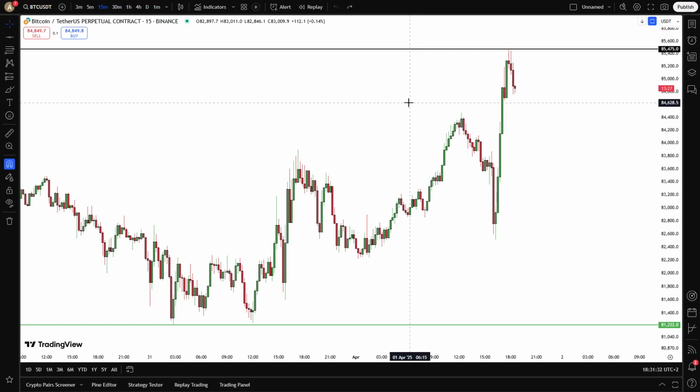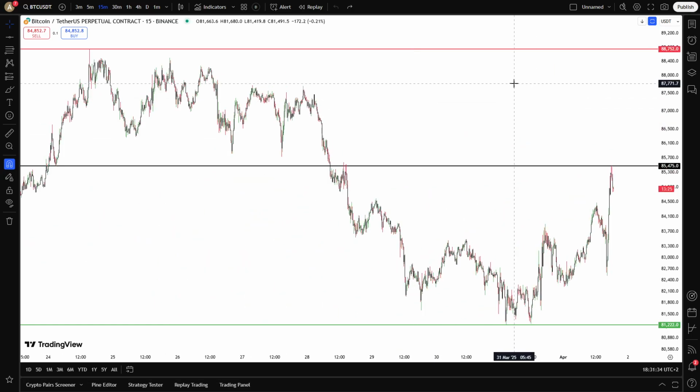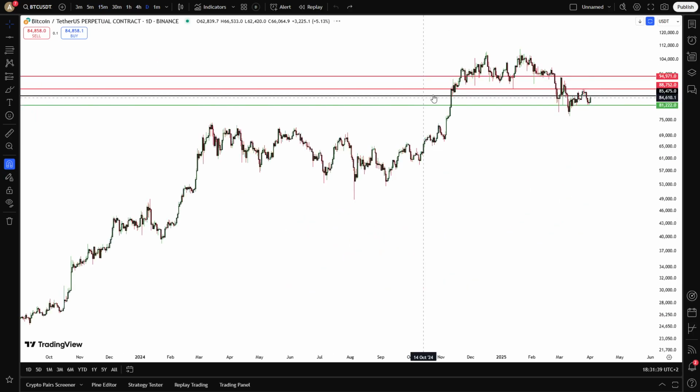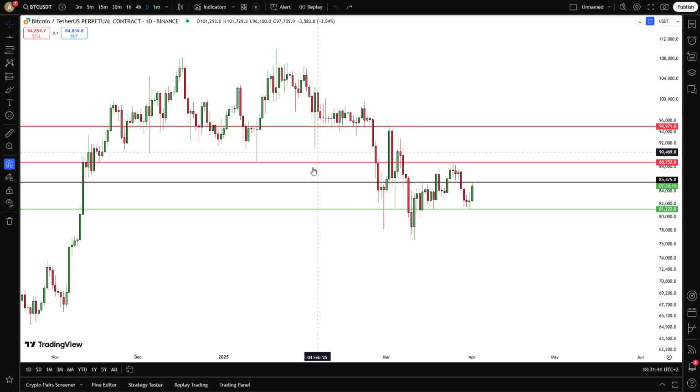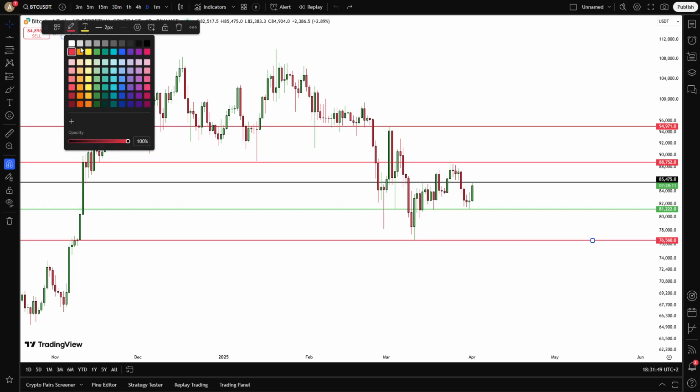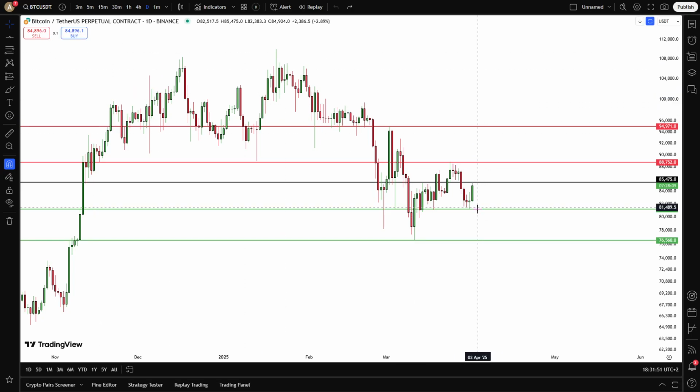But the higher the time frame, the stronger the levels are. Quite simple. So, now that we have identified them on the daily, I will quickly add one more line right here. In case of breaking down, we'll be looking at these levels. In case of breaking up, we'll be looking at these levels.